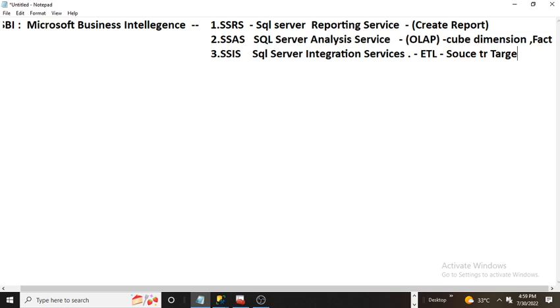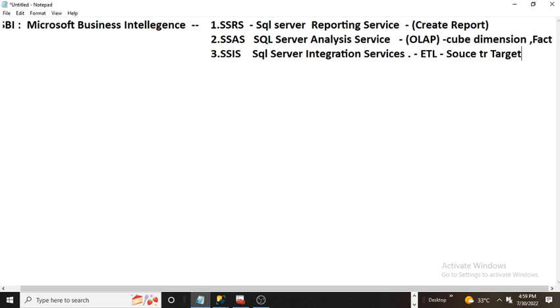From those multiple sources, we need to combine data and place it into one centralized place, right? For that, we need to perform a lot of transformation, because of multiple issues like data type conversion issues, and finally we place it into one target. That is called extract, transform and load. We'll talk about that in coming videos.